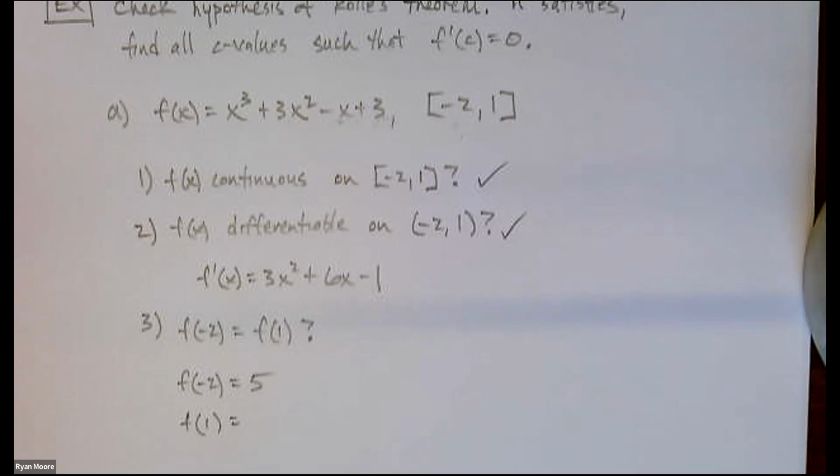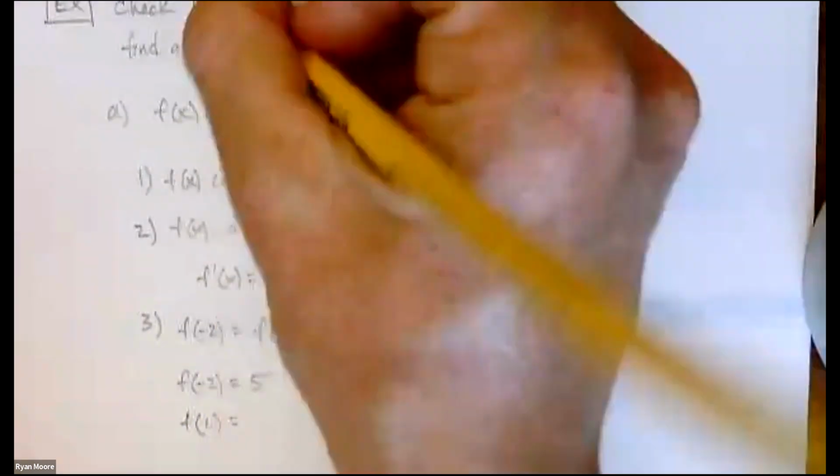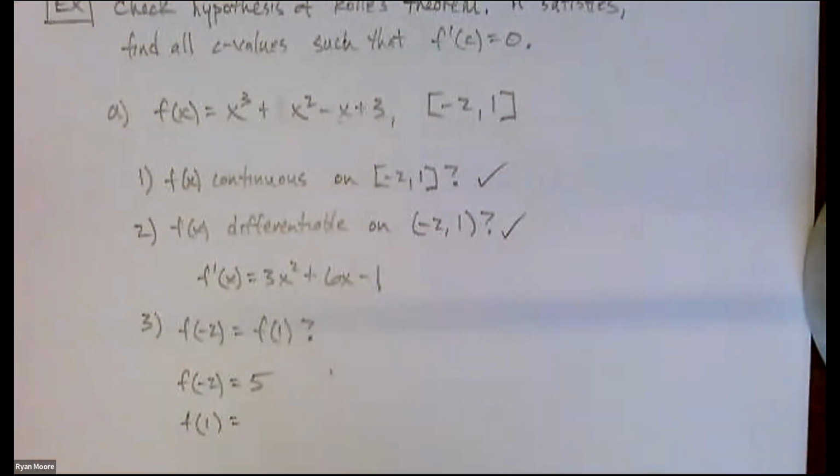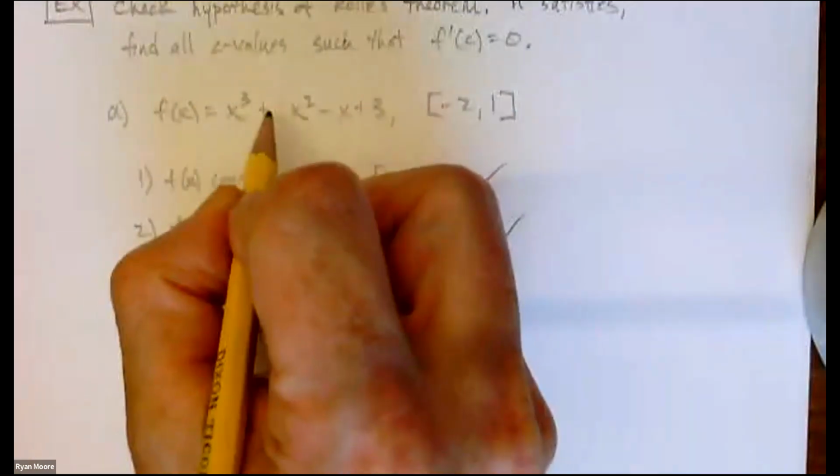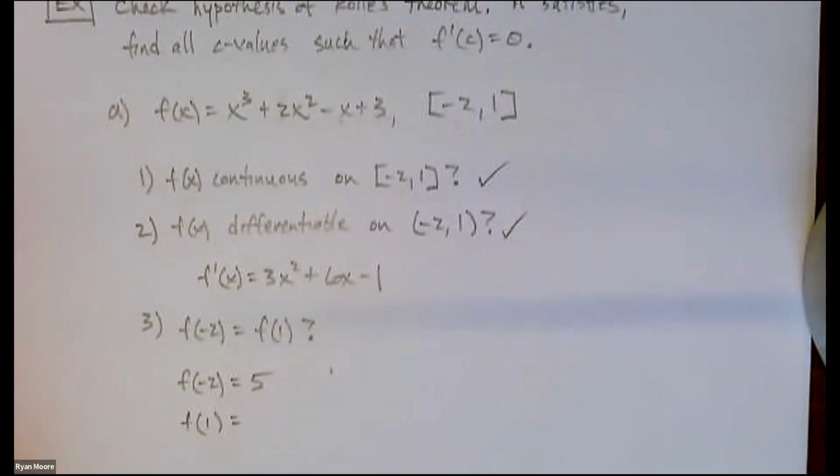Okay, something is definitely going on here, because I'm not even getting this answer for -2. I wonder if that should have been a 2. -2 to the third plus 2 times -2 squared minus -2 plus 3.